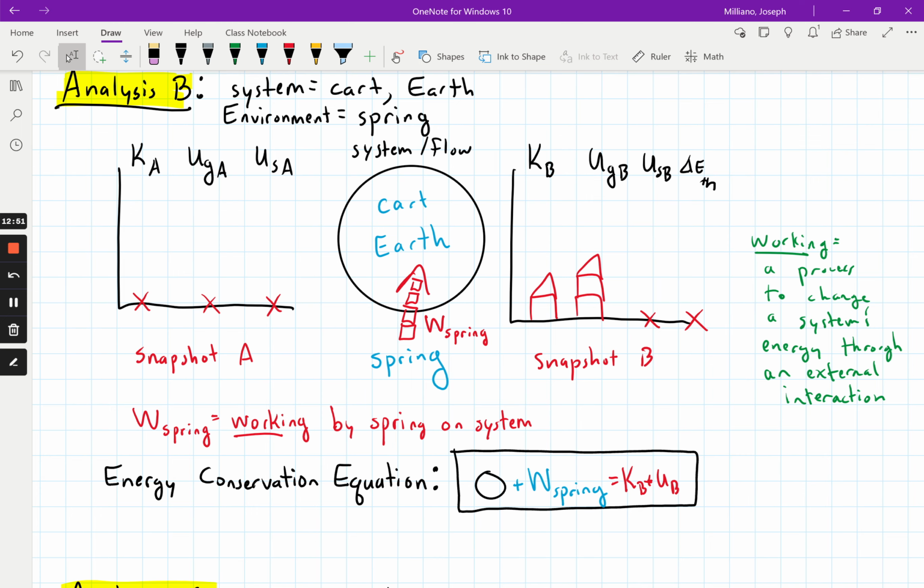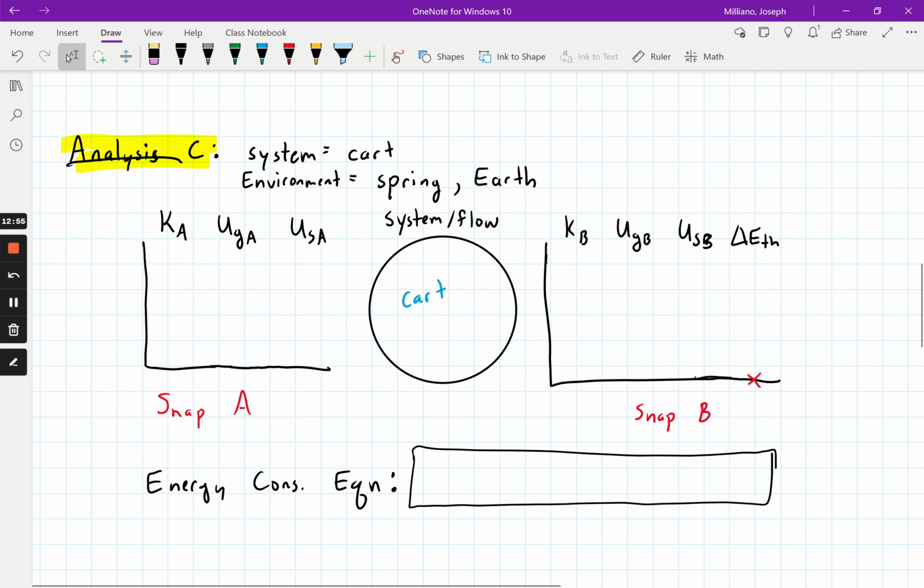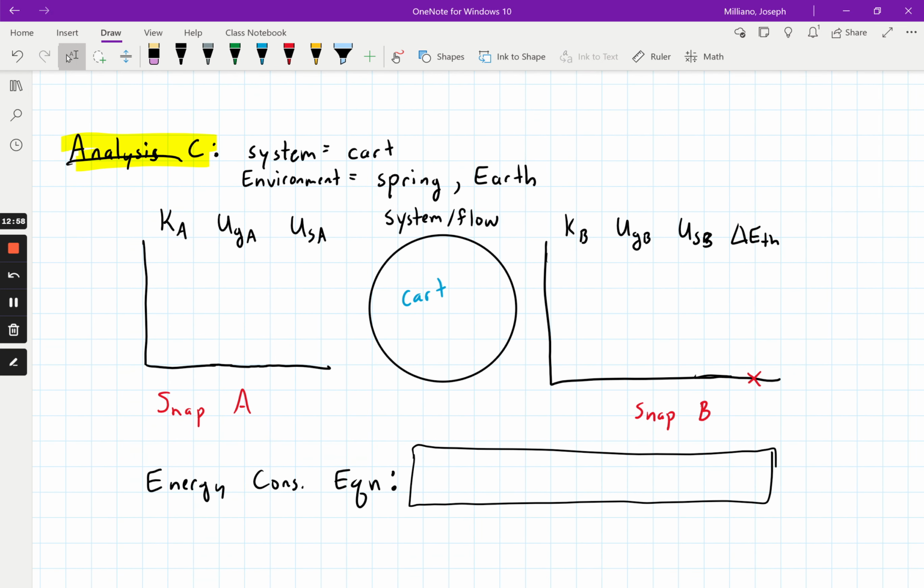All right, analysis C. Same scenario. System is the cart. The environment is the spring and the earth now. So not only is the spring outside of the system, but also the earth is outside of the system. What does that mean for our analysis? Well, in snapshot A, just like in B, there's no energy anywhere in our system.